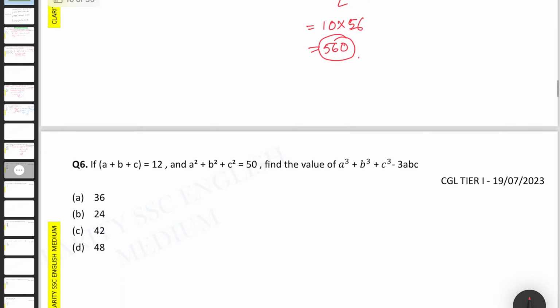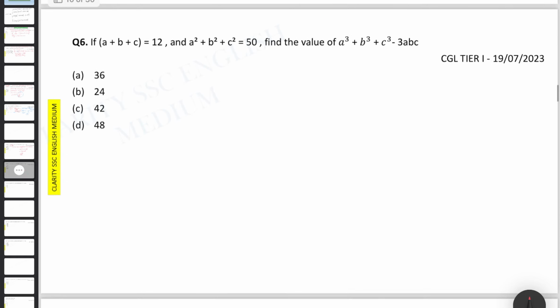Let's see the next question. If a plus b plus c is equal to 12 and a square plus b square plus c square is equal to 50, then find the value of a cube plus b cube plus c cube minus thrice abc. The third formula again, let me write again for you.